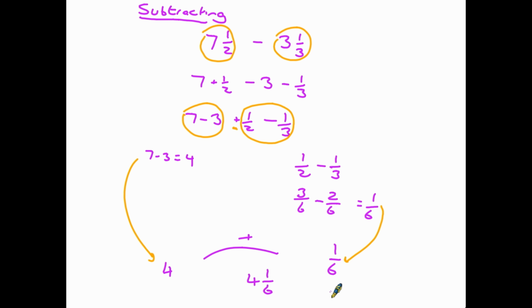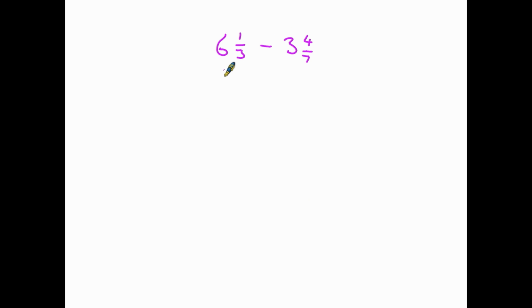The last scenario is where the subtraction of the fractions gives us a negative fraction. So let's take a look at that. The example I've chosen is 6 1/3 minus 3 4/7. Now this is the part where we need to be a little bit careful when we are separating this out.